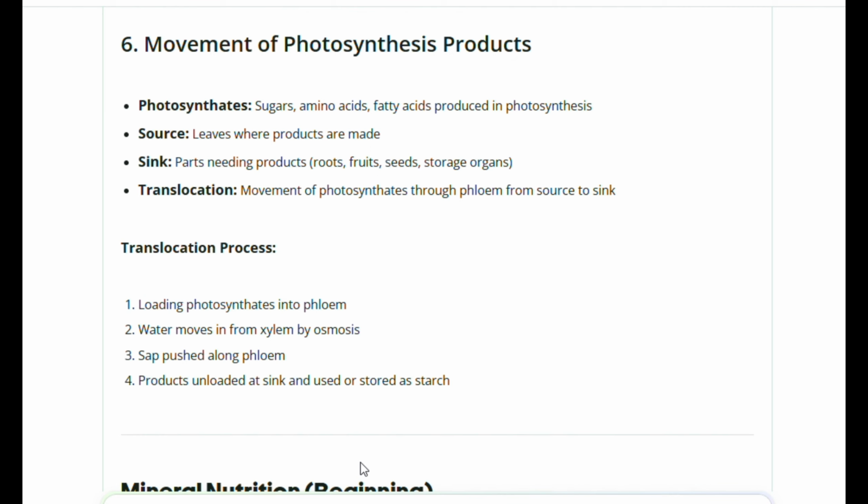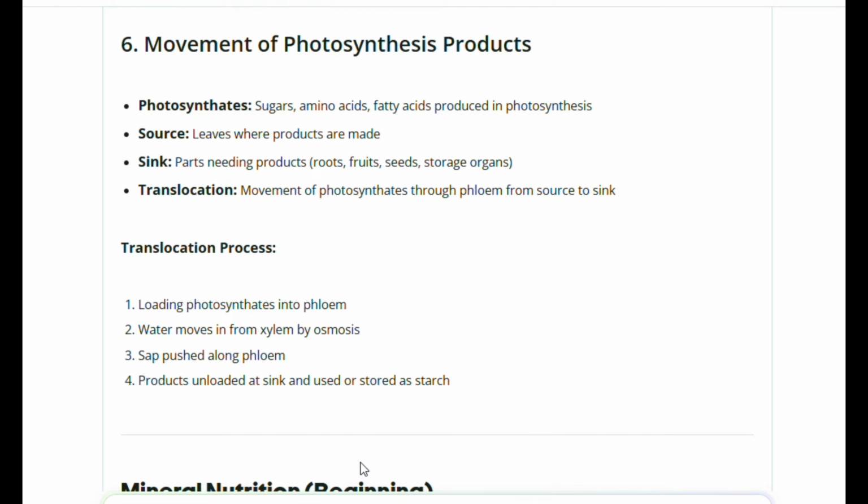At the sink, the photosynthates are transported outside the phloem. The sugars are consumed, or they can be converted into starch.